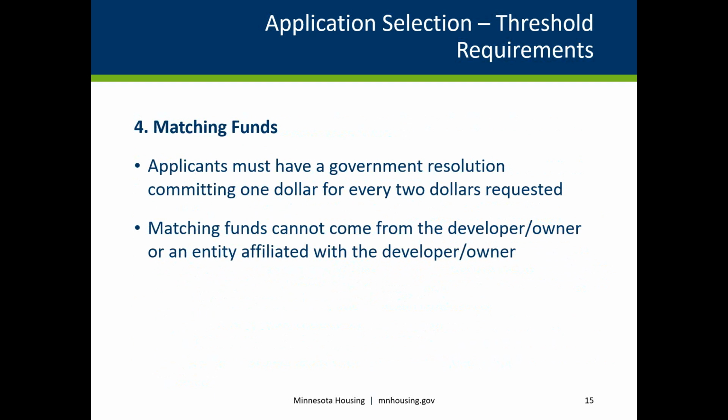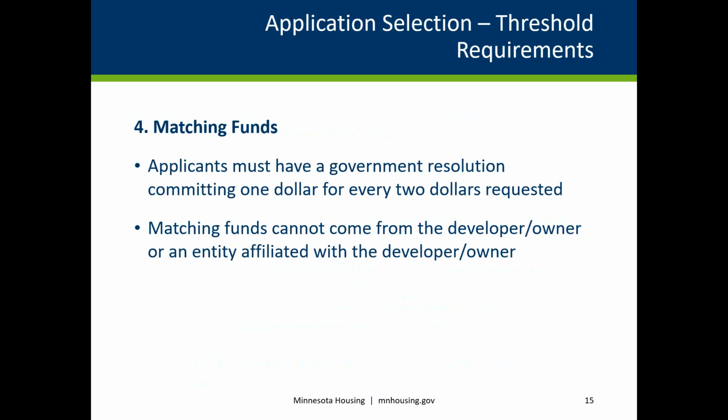Matching funds. As we discussed earlier, applicants must have a commitment of matching funds of $1 for every $2 requested. As part of that requirement, you will submit a government resolution that must state where the matching funds will come from. For example, a local unit of government, a business, nonprofit, or a combination of those.